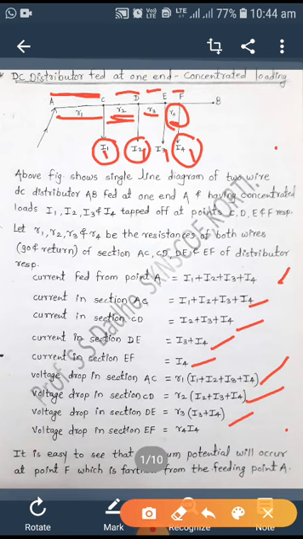Therefore in a DC distributor fed at one end having concentrated loading, the minimum potential is at point F. So in this way we can do the calculations for the DC distributor fed at one end.